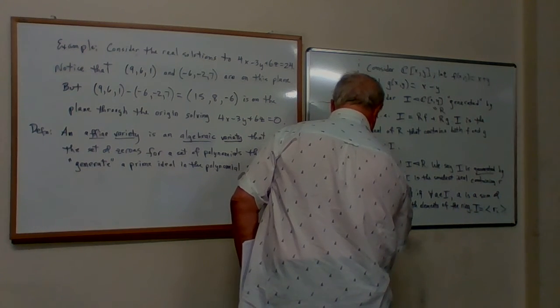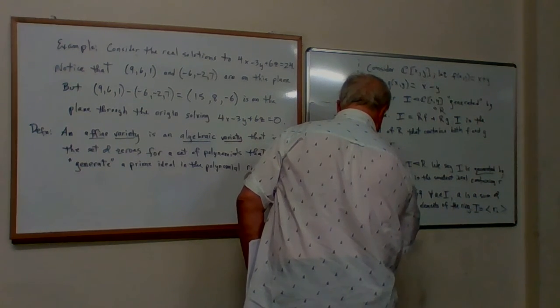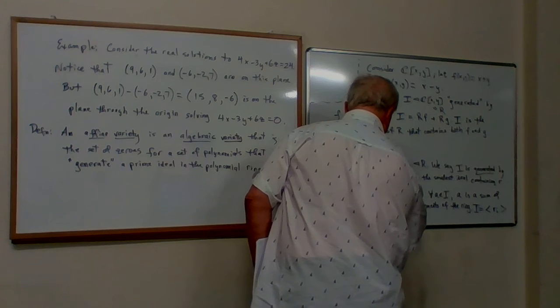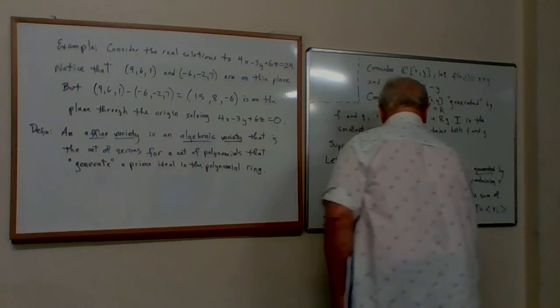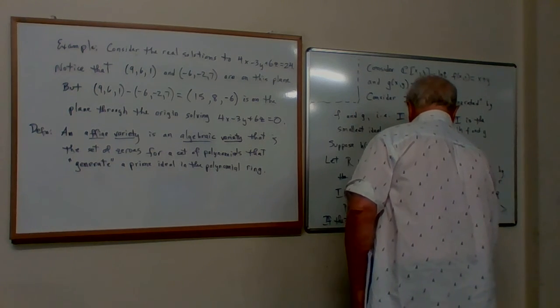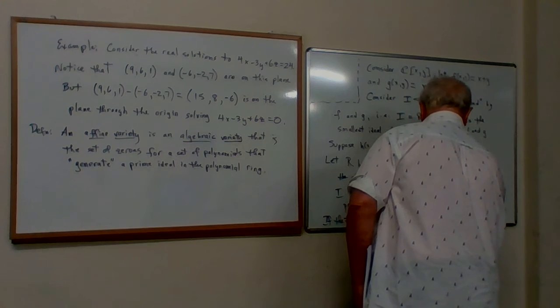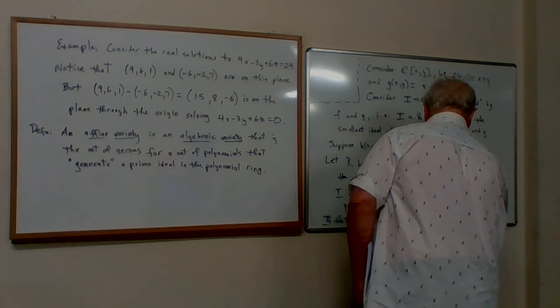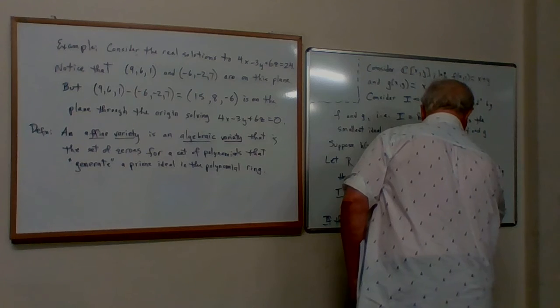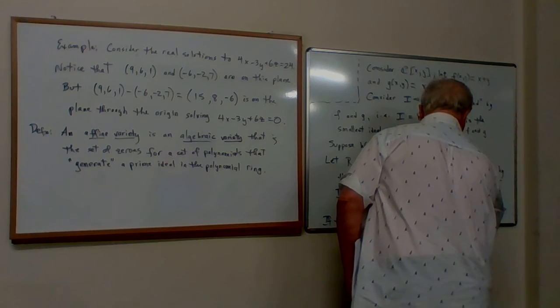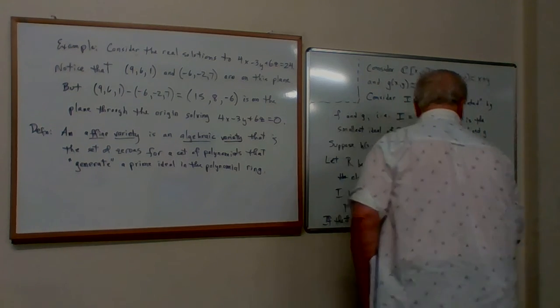So if the number of r sub i's is finite, I is said to be finitely generated.